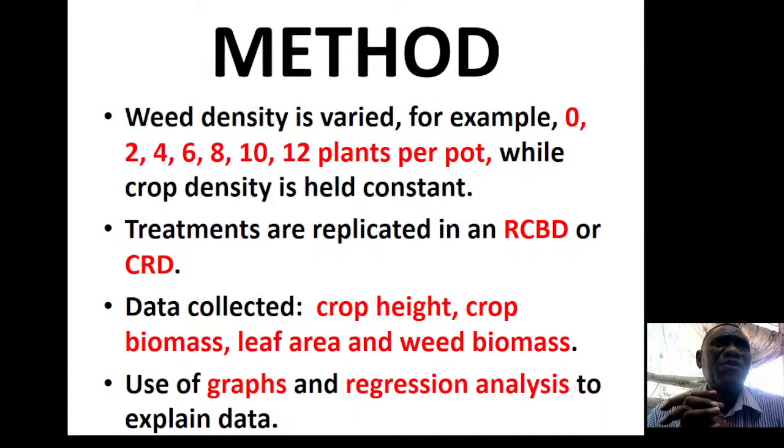The treatments have to be replicated in an RCBD or a CRD. Data collected could be crop height, crop biomass, leaf area, and the weed biomass. But for your own information, the most important parameter is crop biomass.